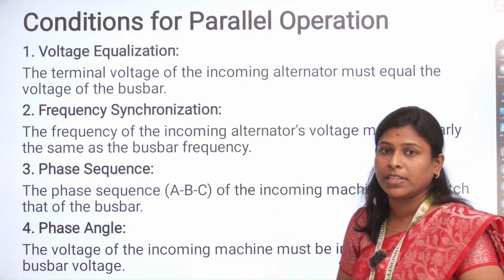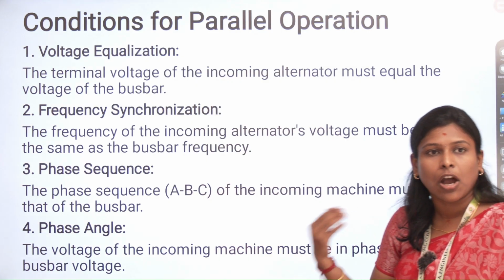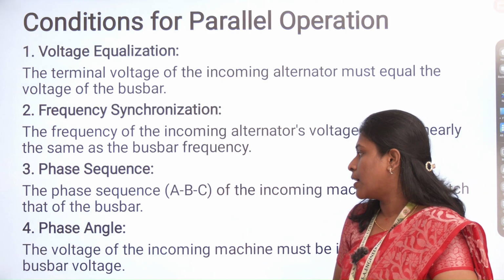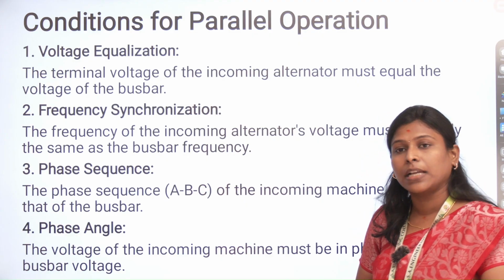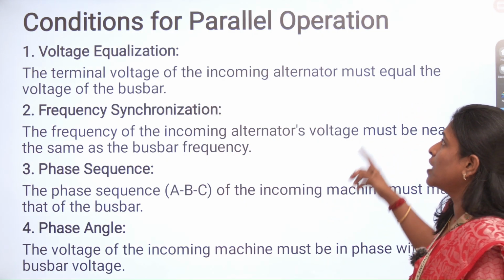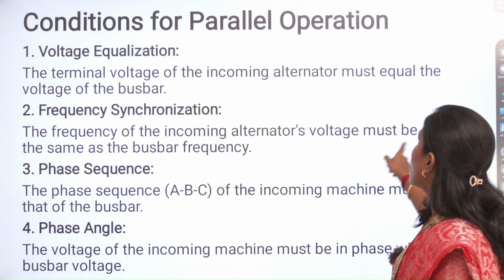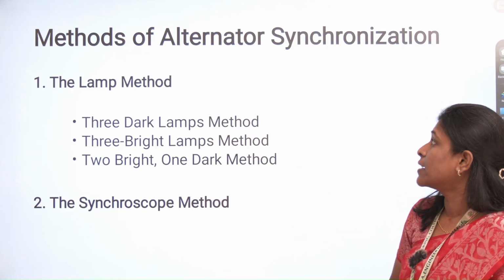Next is phase sequence. The phase sequence of the incoming machine must match the phase sequence of the outgoing machine or the bus bar. Next is phase angle. The voltage of the incoming machine must be in phase with the bus bar voltage. So these are the conditions which must be satisfied for the parallel operation of alternators or generators.